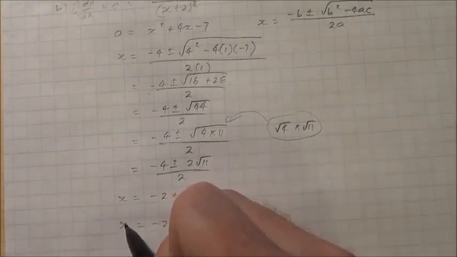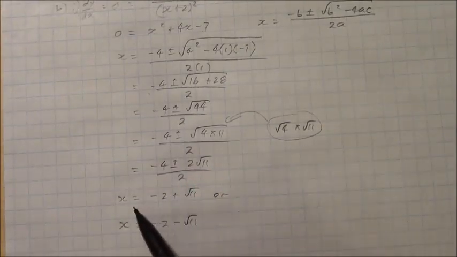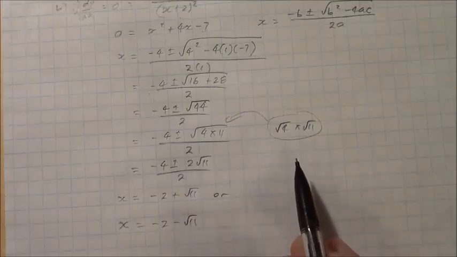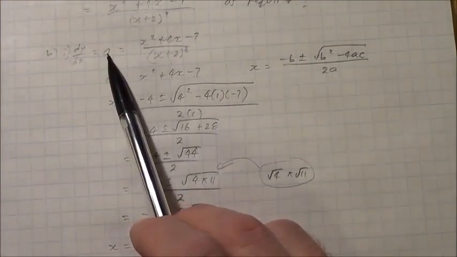So those are the two values of x in exact form that will produce dy by dx equal to 0.